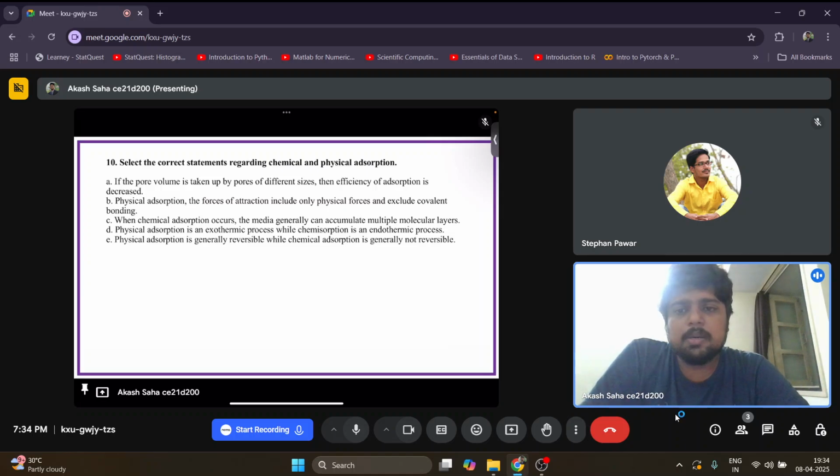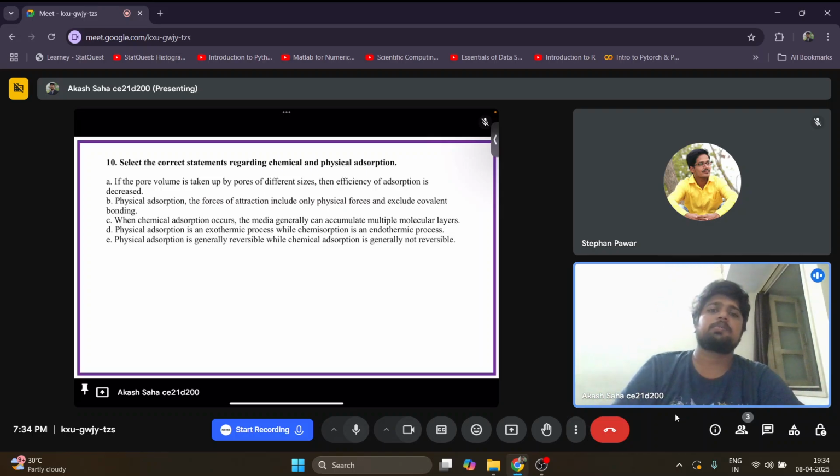C: in chemical adsorption, the media can generally accumulate multiple molecular layers. D: physical adsorption is an exothermic process, whereas chemisorption is an endothermic process. E: physical adsorption is generally reversible, while chemical adsorption is generally not reversible. So you have to tell me which of the options are correct.